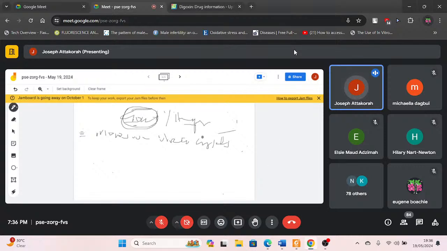Gout is the clinical manifestation resulting from this hyperuricemia, the deposition of uric acid within the joint causing damage. When it does cause damage, it becomes gout. So if you have calcium phosphate crystals causing arthritis, how do you term this? Is it gout?